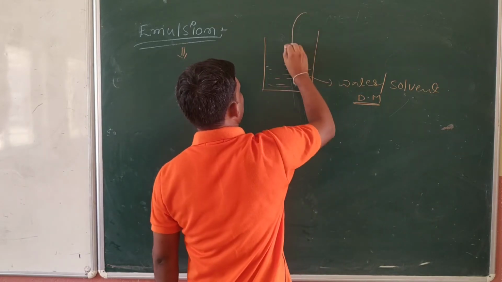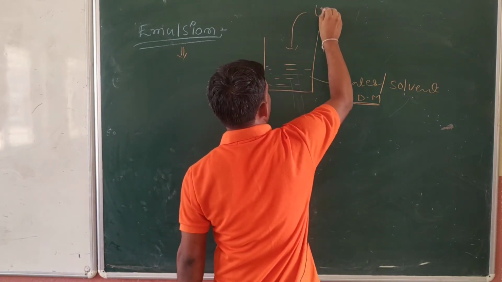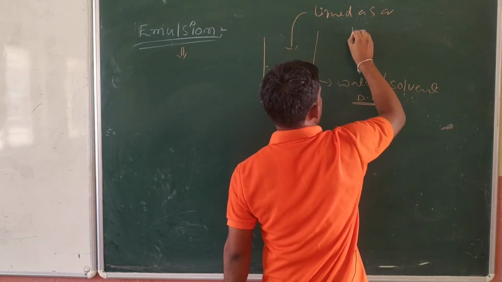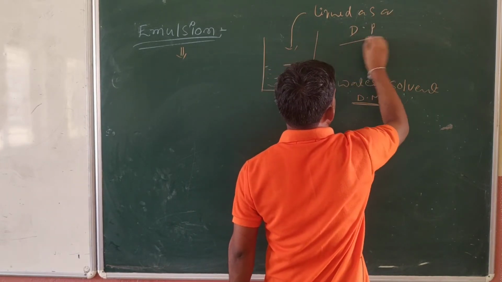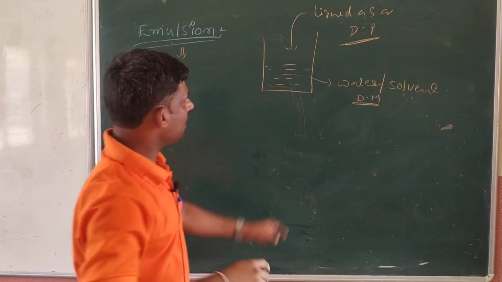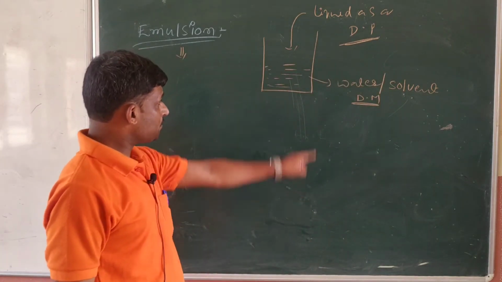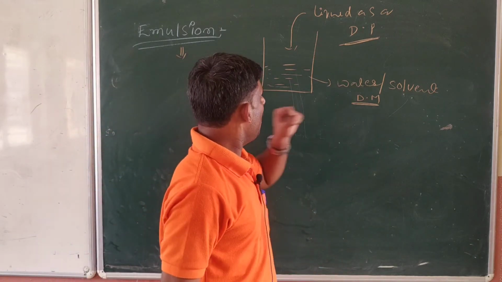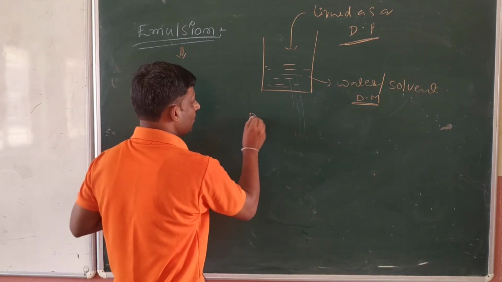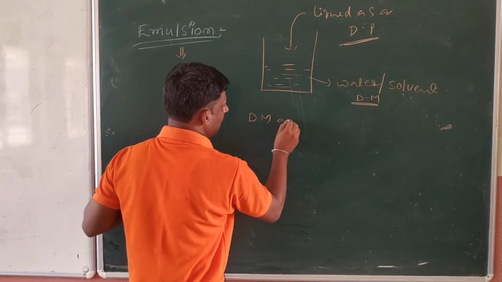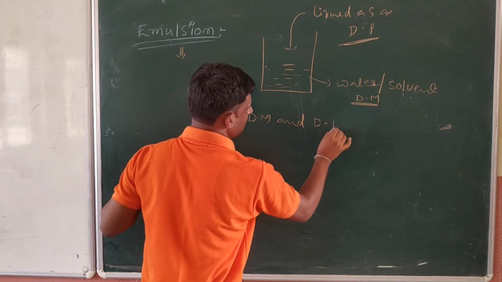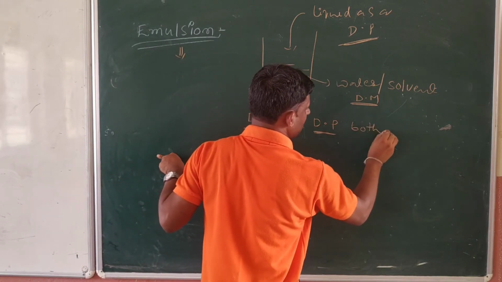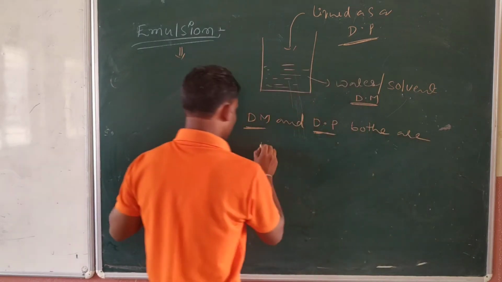And I am adding another liquid as the DP, the dispersed phase. In this case, the dispersion medium and dispersed phase both are in liquid state.